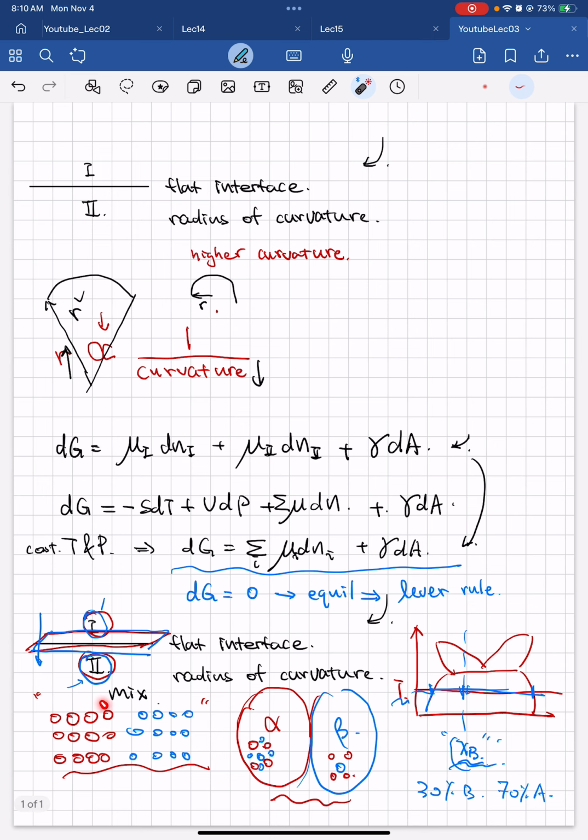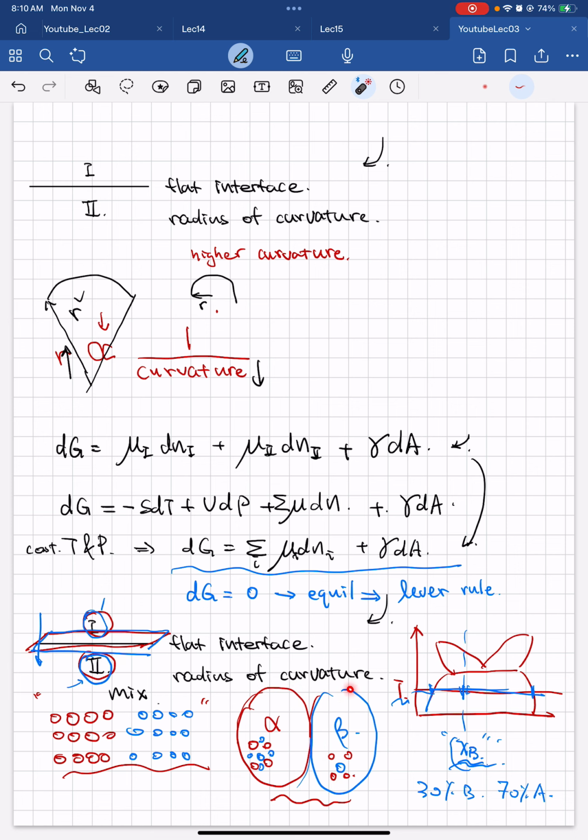Then when you mix, alpha is forming, beta is also forming, and this boundary here is moving like this. So they are competing. If alpha is forming faster, it will move more to here.